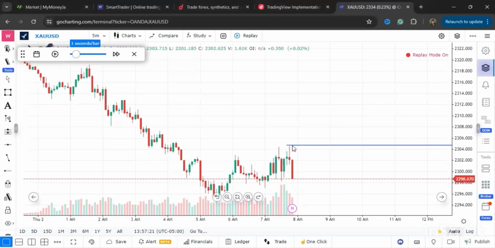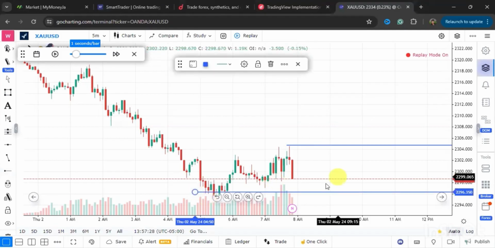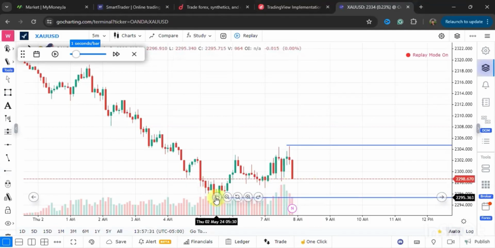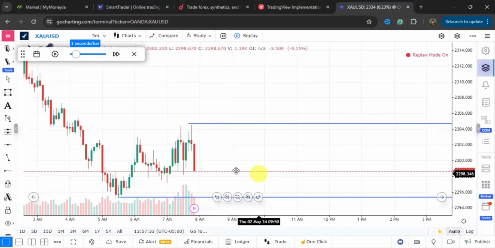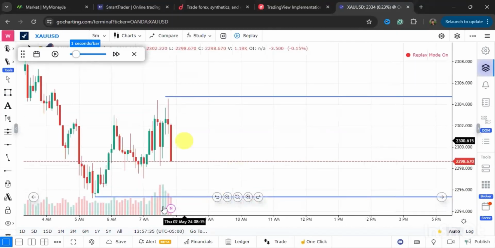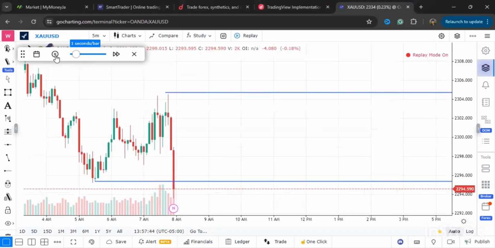Mark out the high, mark out the low. So we marked out our high, we marked out our low. Wait for the liquidity to be swept, right? Wait for the liquidity to be swept.